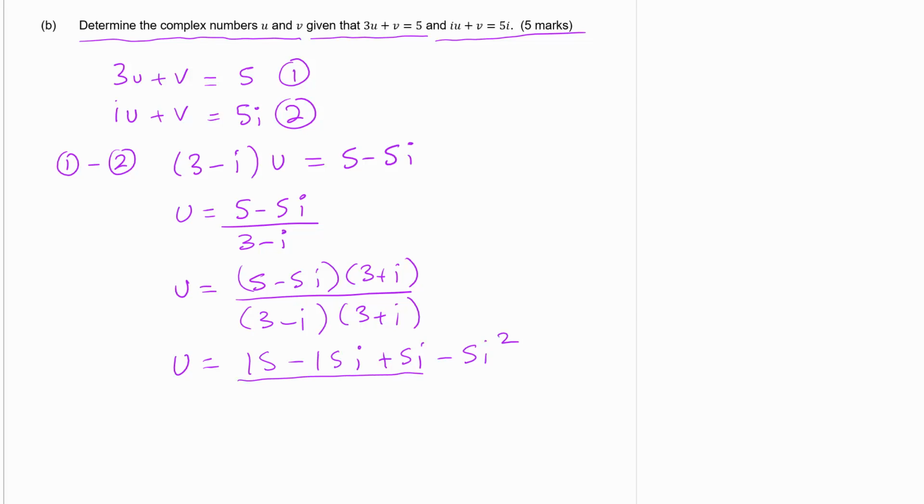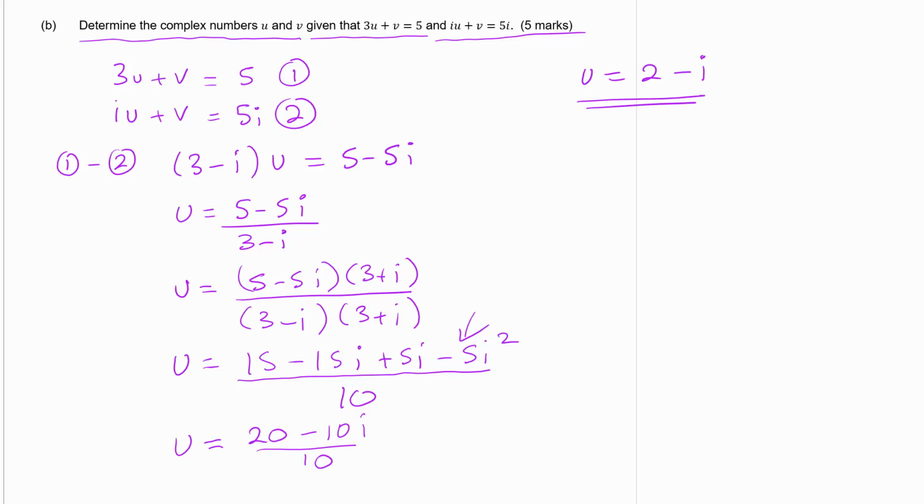And on the bottom, making use of the difference of two squares, I just get 10. So, i squared is negative 1, so that becomes a plus 5, so I've got 20 take away 10i, all divided by 10, and so u is going to be 2 take away i.